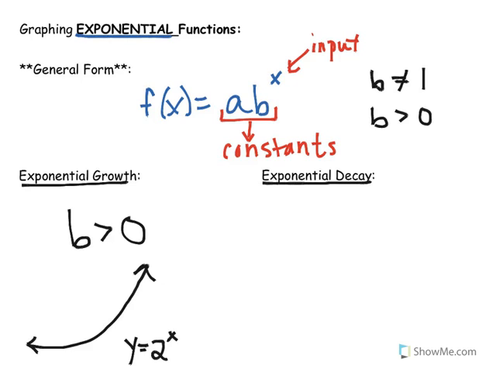Exponential decay is going to happen when, well, we know b has to be greater than 0, but I'm wondering what happens when b is between 0 and 1. When b is a fraction, what's that going to look like? We're actually going to get a general form of a function that is always decreasing and always going down, and you'll see some examples of this in class.